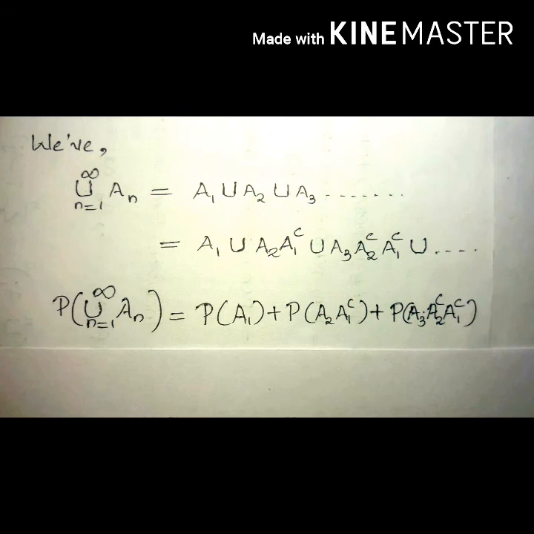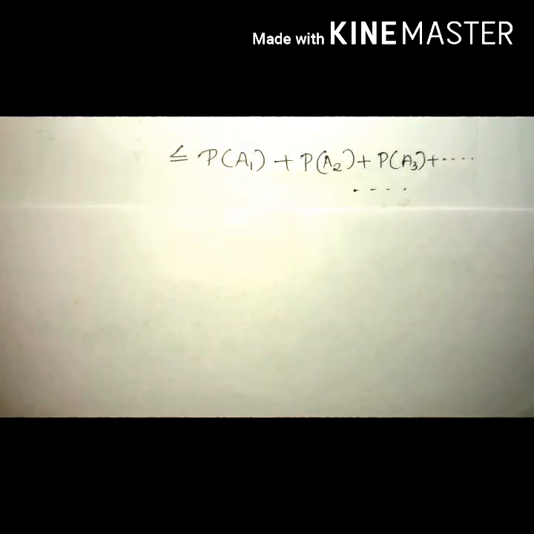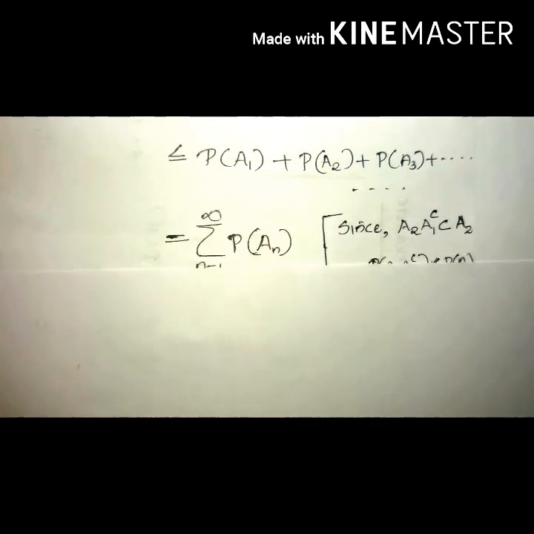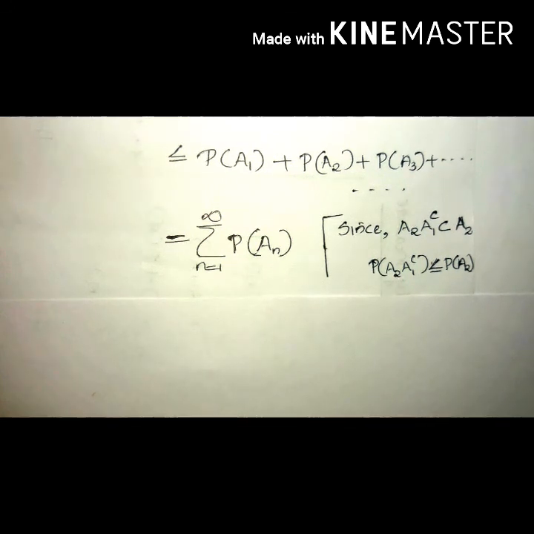We get P of union n equal to 1 to infinity An equal to P of A1 plus P of (A2 intersection A1 complement) plus P of (A3 intersection A2 complement intersection A1 complement) plus etc. Since A2 intersection A1 complement is always a subset of A2, and A3 intersection A2 complement intersection A1 complement is always a subset of A3, we can use the monotonicity property, which gives less than or equal to P of A1 plus P of A2 plus P of A3 plus etc. And that is equal to summation n equal to 1 to infinity P of An.